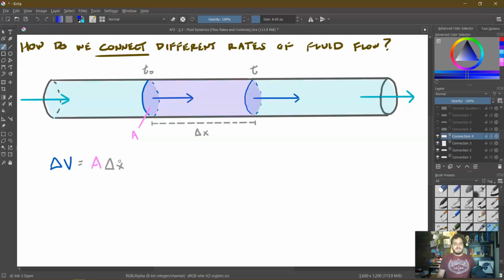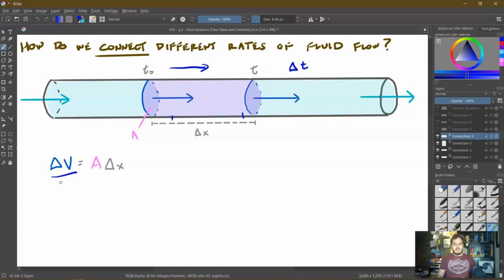Now the reason why we have deltas here is because this could be varying sizes of delta x. If it only went to here, that would be just this delta x, that delta V. If it goes all the way to here, that's a different delta V, different delta x. So the change in volume is related to the cross-sectional area times the displacement, but this all is accomplished during this time interval, delta t.